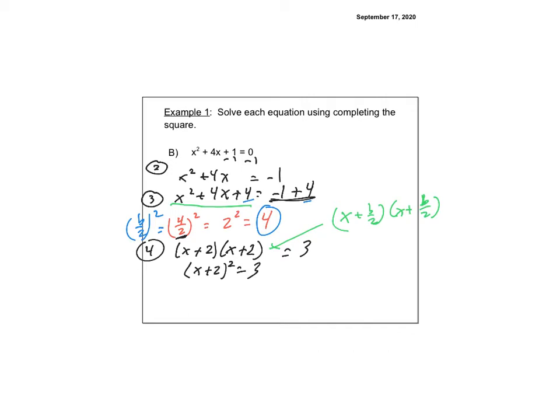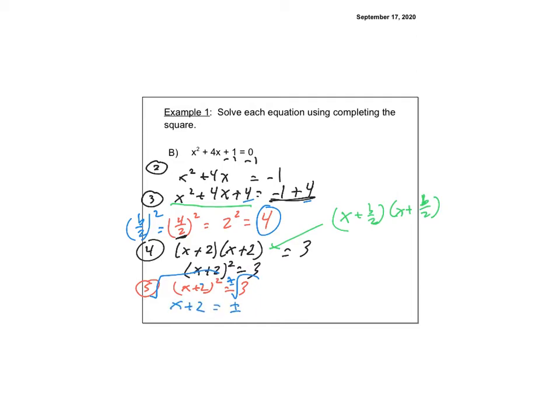And then our fifth step here is to go ahead now and solve using square roots. So I've got x plus 2 squared equals 3. And so I'm going to take the square root of both sides here. So when I take the square root of the left-hand side, I get x plus 2.